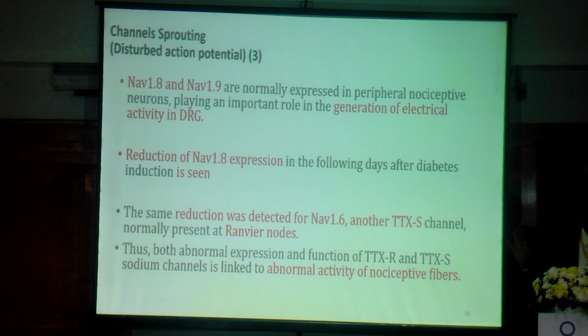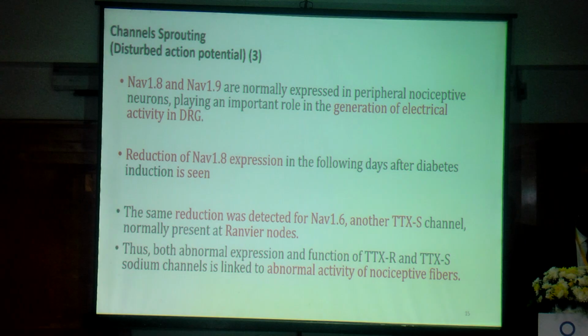They are normally expressed in the peripheral nociceptive neurons, playing an important role in the generation of electrical activity in the dorsal root ganglion. A reduction of NaV 1.8 expression is seen in the days following diabetes, and the same reduction was detected in NaV 1.6, another TTX-sensitive channel present in the node of Ranvier.